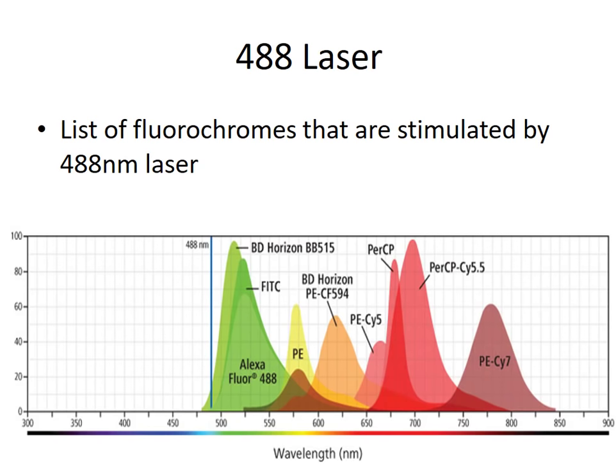So if you stimulate the fluorochrome at 488, this is a 488 laser, it causes, for instance, this BD Horizon BB515 to give off fluorescence at this range here. Whereas this fluorochrome, if you stimulate at 488, will give off fluorescence at this wavelength.